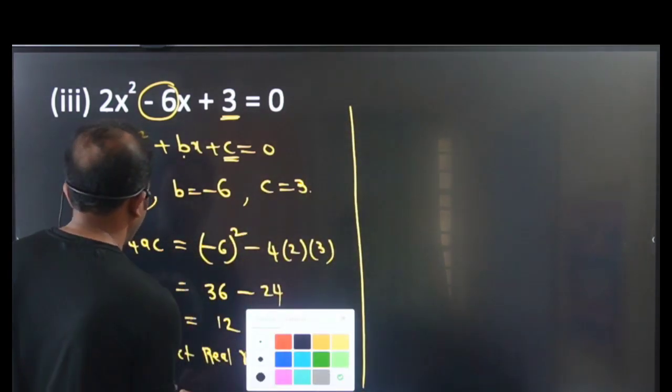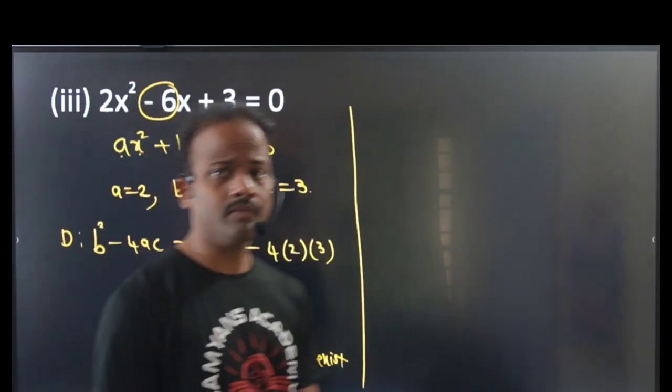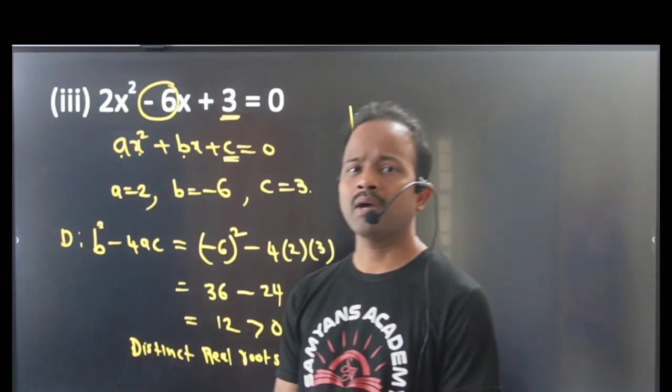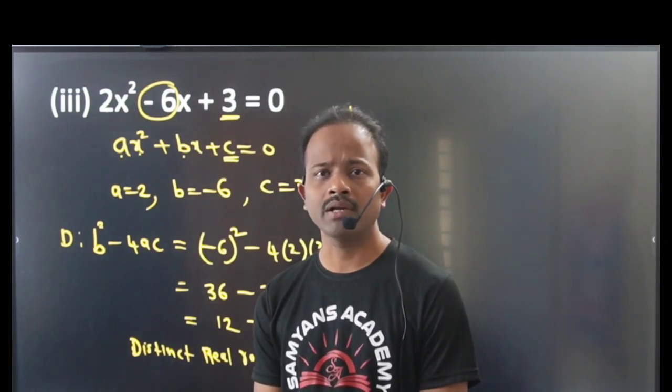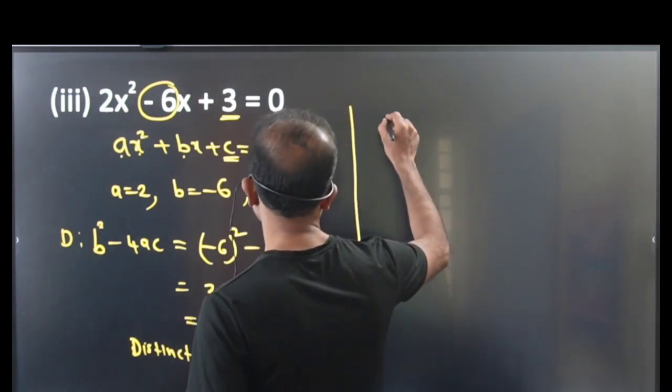Now you have to find the roots for this equation. Then by using the quadratic formula, that is x equals minus b plus or minus root over b square minus 4ac by 2a. So use this formula.